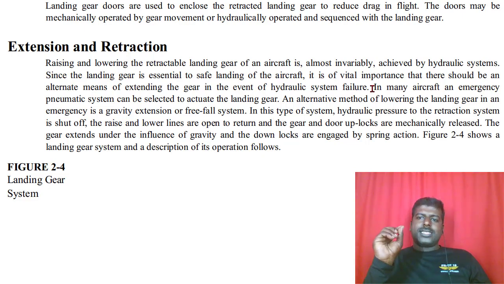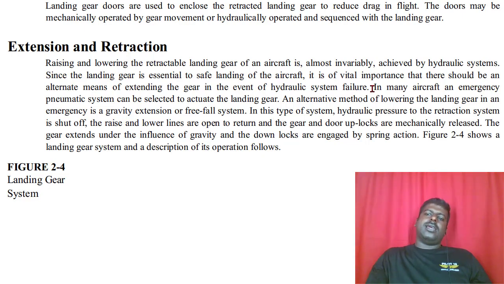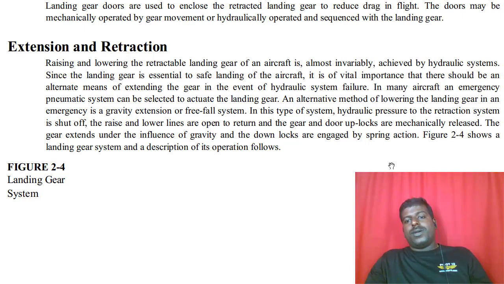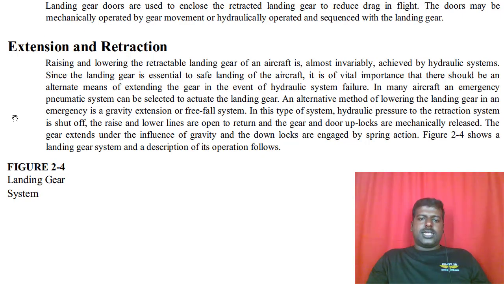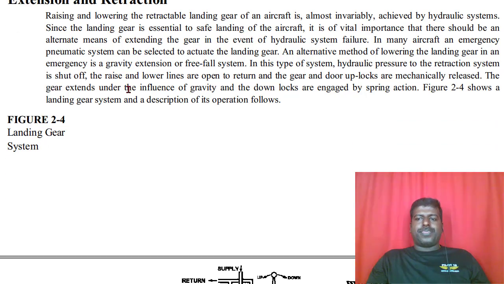For that, pneumatic systems will be present usually, because they are more powerful than hydraulic systems and can simply override the hydraulic system. If the hydraulic system is broken or not working properly, then the pneumatic system can take over and cause the movement of the landing gear. In some smaller aircraft, there will be some manual system also to engage and disengage extension and retraction of the landing gears.